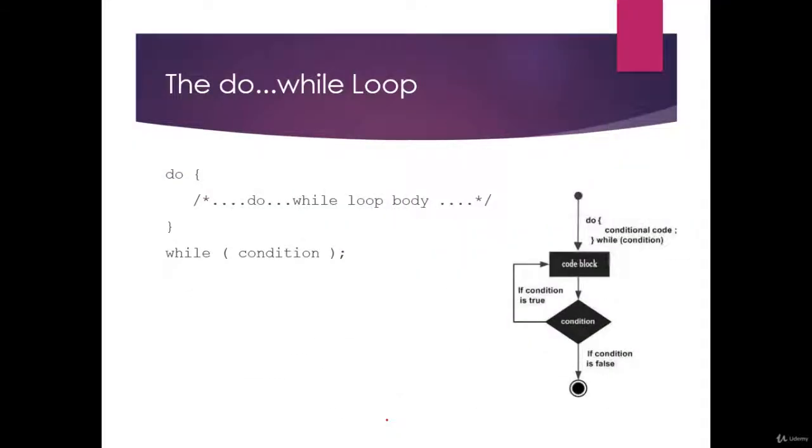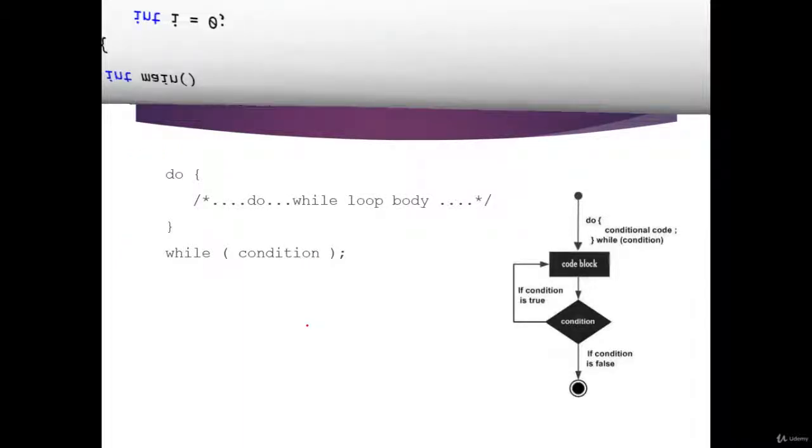So let's see now the difference with the do-while loop. The syntax is almost the same, with some differences. The main difference is that the condition is at the end of the loop. This means that we will have at least one iteration, while in the while loop the condition is the initial thing in the loop. In the do-while loop the condition is at the end, so this is a big difference.